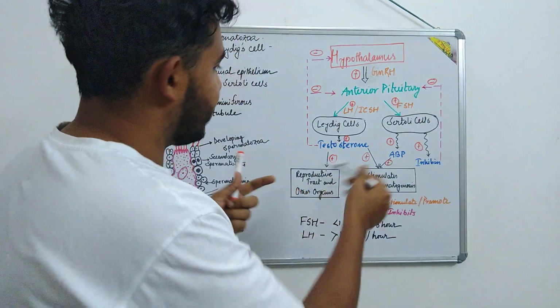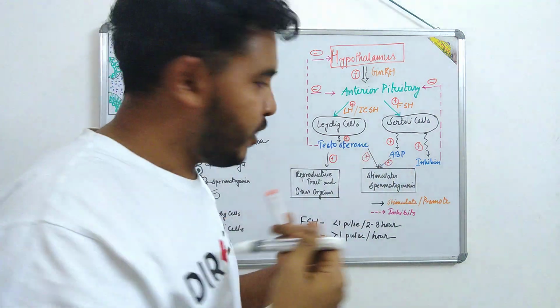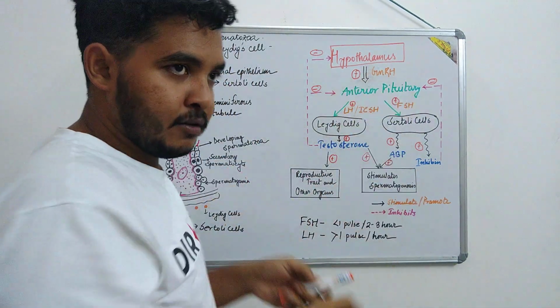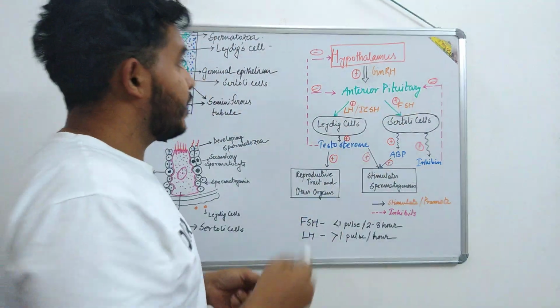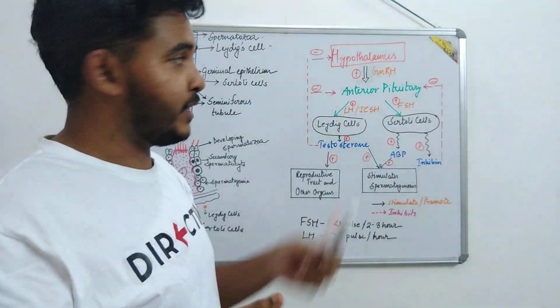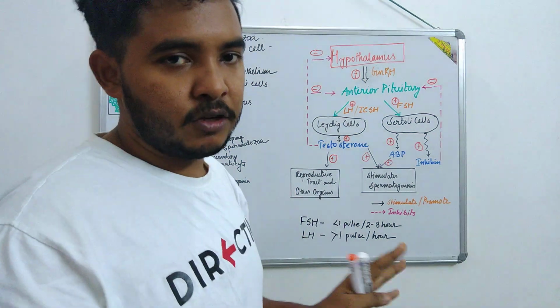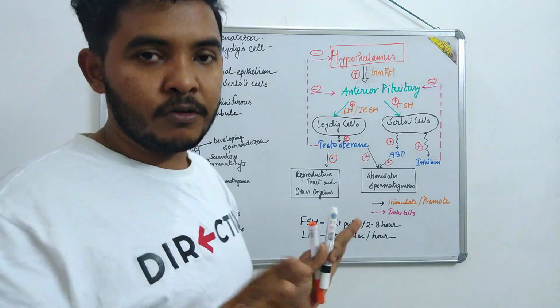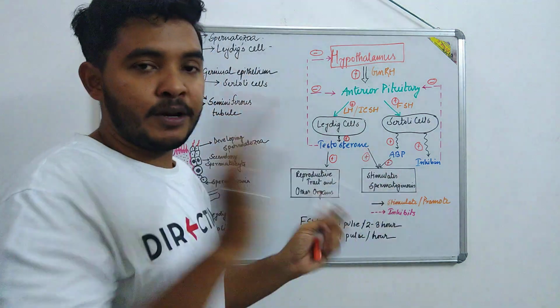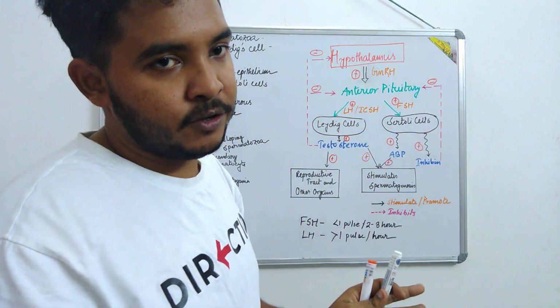In the same way, when there is enough testosterone in our body, it gives a negative feedback to the anterior pituitary and to the hypothalamus. It tells the hypothalamus, it's not needed, I have enough testosterone and I am doing my work, I am good with it. When I need more, I'll stop the negative signal and you start again.